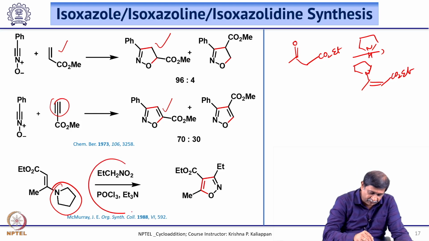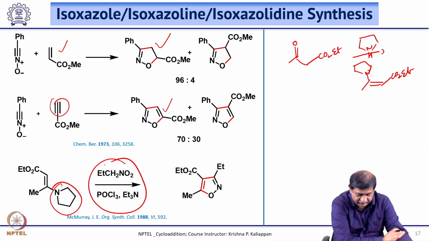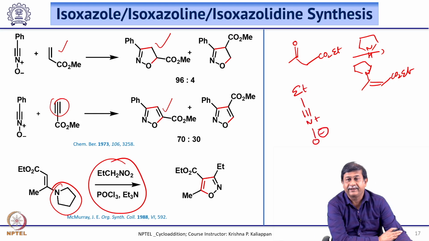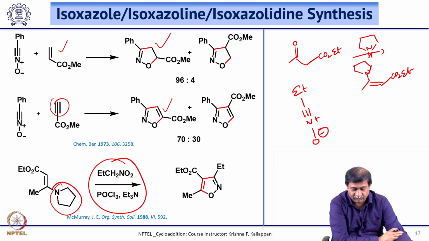So the nitropropane, in the presence of POCl3 and triethylamine, will generate a nitrile oxide. So this is the nitrile oxide it will generate, and that will undergo 1,3-dipolar cycloaddition followed by elimination of pyrrolidine.